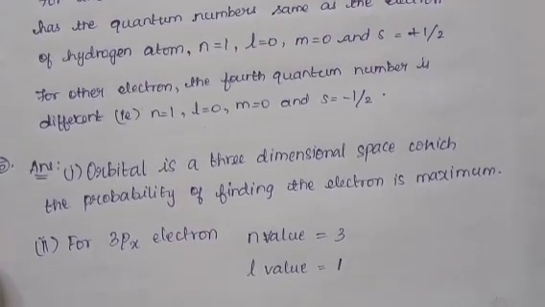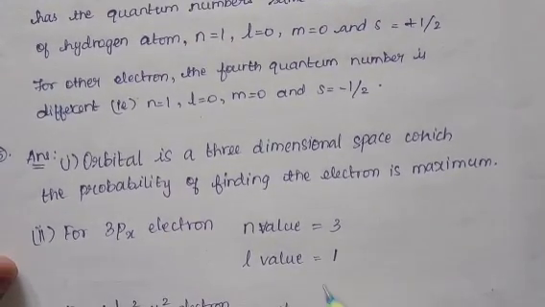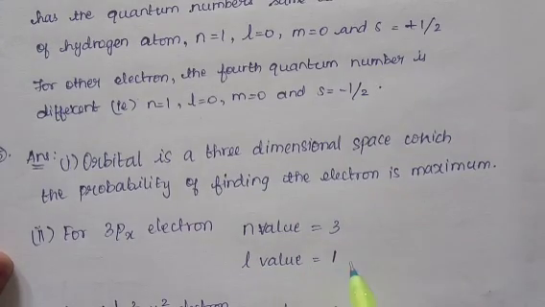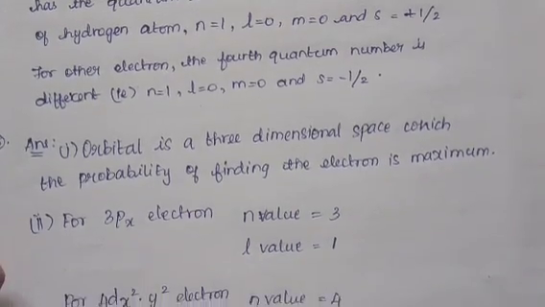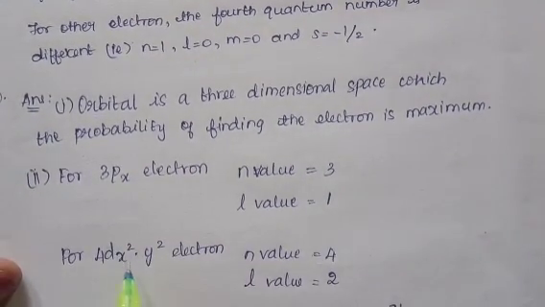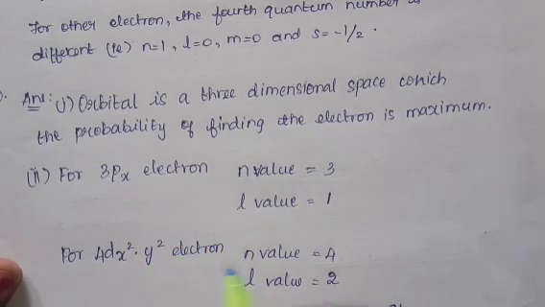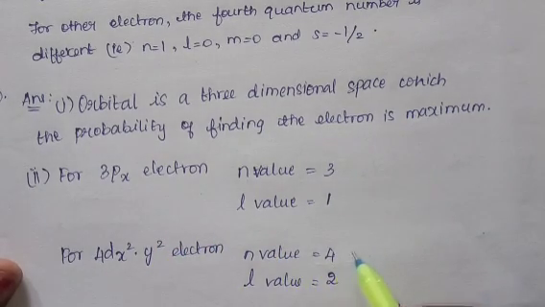For 3px electron, the n value is equal to 3, l value is equal to 1. For 4dx2-y2 electron, the n value is 4 and the l value is 2.